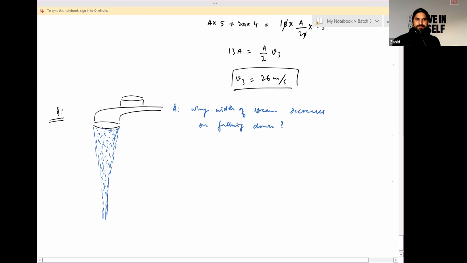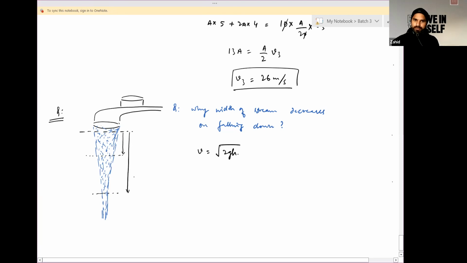Let me give you a concept. Take this particular point as a reference. As it falls down, the height or distance covered by this liquid increases. So according to the concept of free fall, velocity equals root under 2gh.